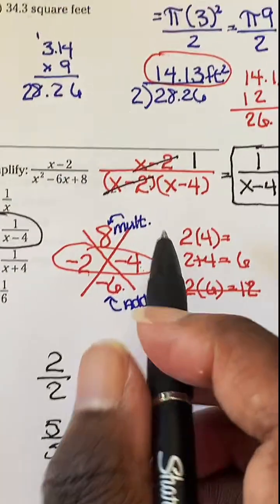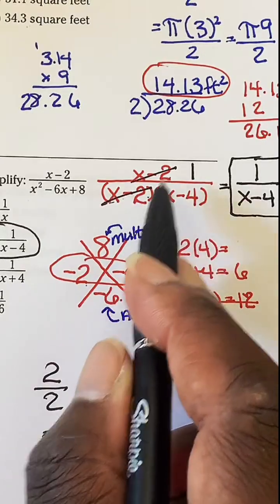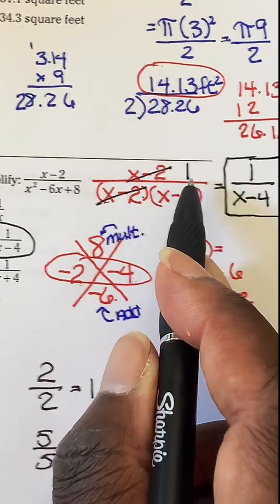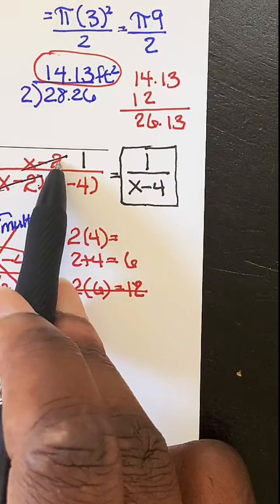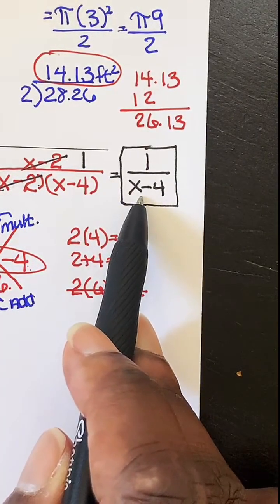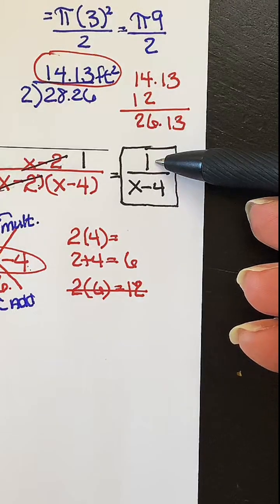Even if it's an expression, x minus 2 divided by x minus 2 gives me the 1. Because right now, if I cancel it out, there's nothing on top in the numerator. But we still have this x minus 4 in the denominator. So we have to put the 1 there.